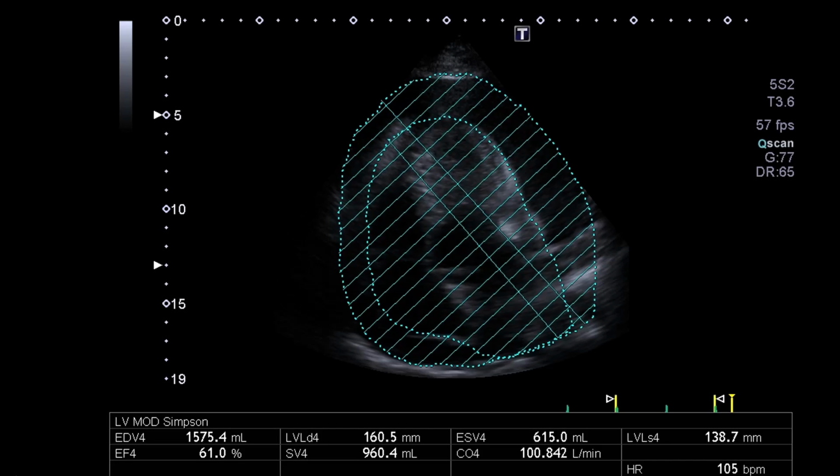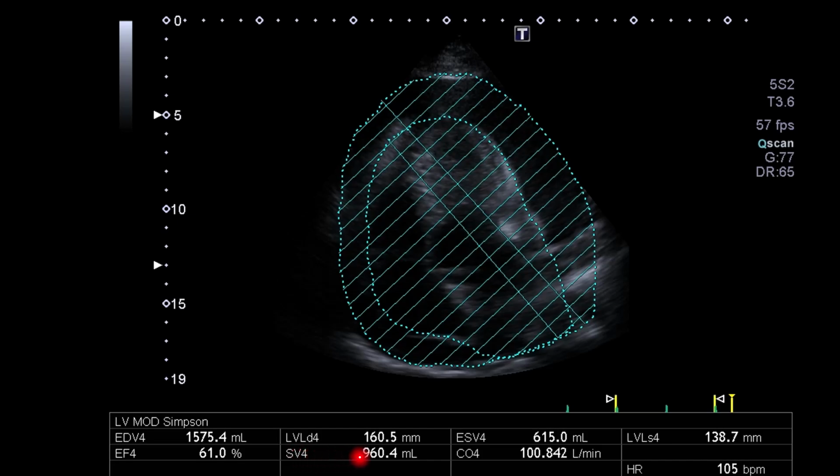For this, we used a trick, namely the calculation of the ejection fraction. We assumed the outer volume to be the end diastolic volume and then traced the inner volume as the end systolic volume. The ultrasound machine then subtracts the two values from each other and calculates a fictitious stroke volume.